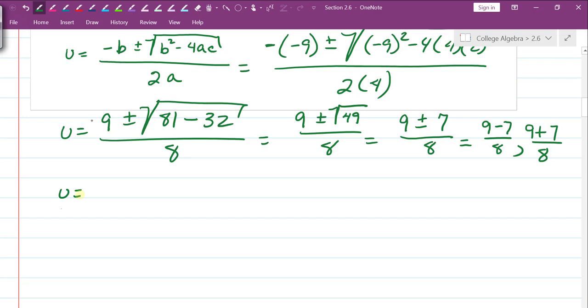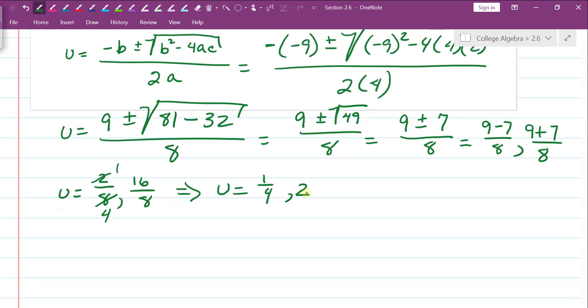So I end up with 2 divided by 8, comma, 9 plus 7 is 16 divided by 8, which means that u is equal to 2 will go into 2 one time, 2 will go into 8 4 times, so I end up with 1/4. And then 16 divided by 8 is 2. That is what u equals, not x.